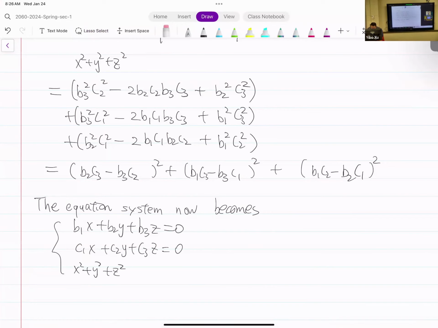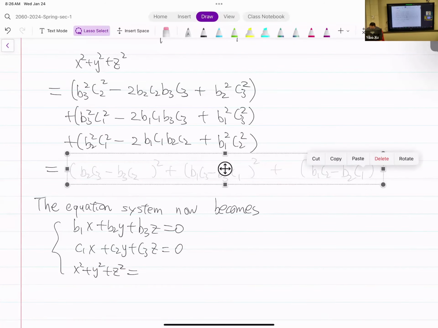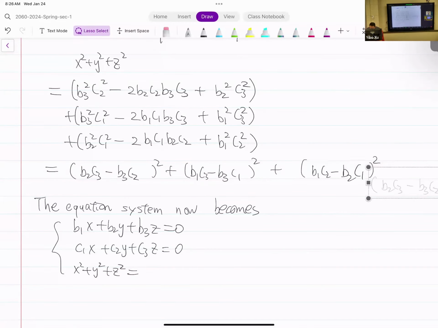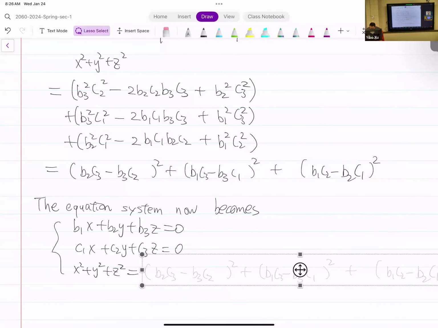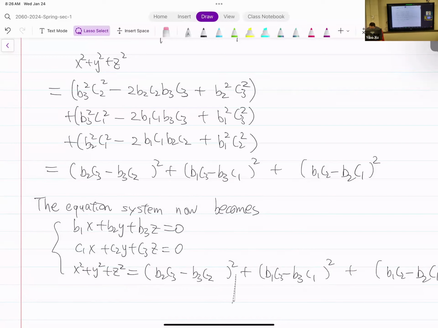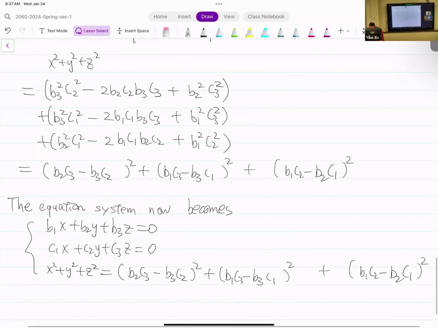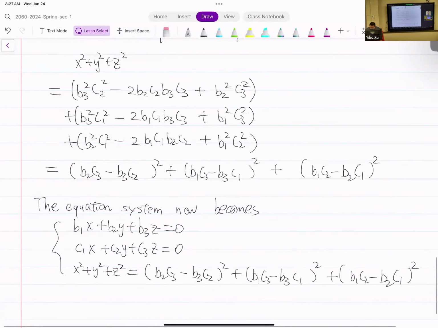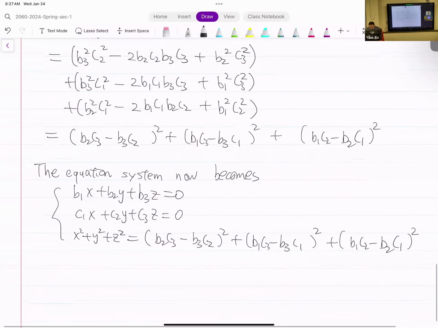And you see, the sum of the components squared on the left-hand side equals these expressions. And I want to do this so that it's not so spread out.